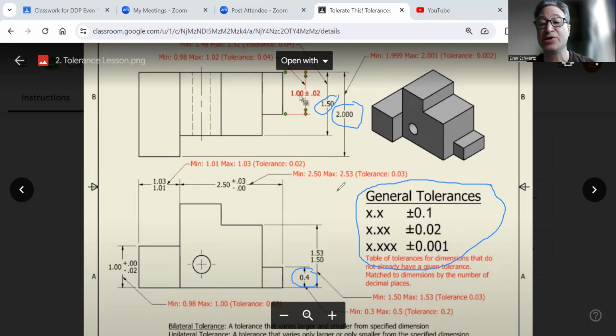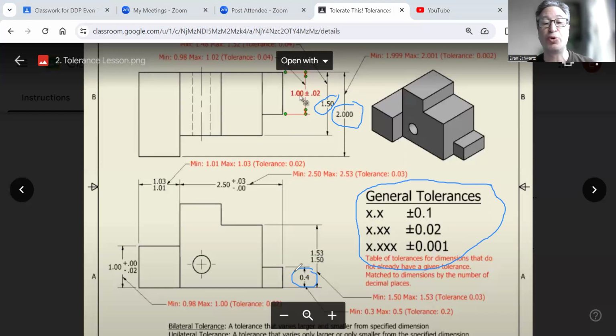And that would be a total of 0.04 tolerance. If we are looking at this 2 here, there are 3 places after the decimal. So this can be as large as 2.001 or as small as 1.999, and the total tolerance for that would be 0.002.